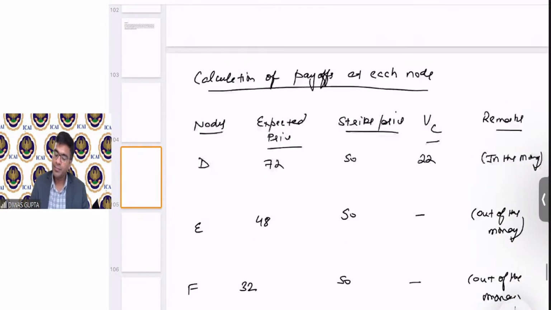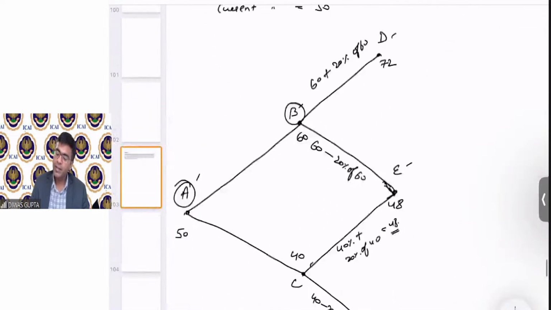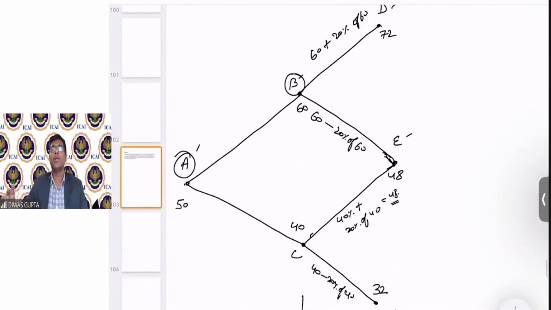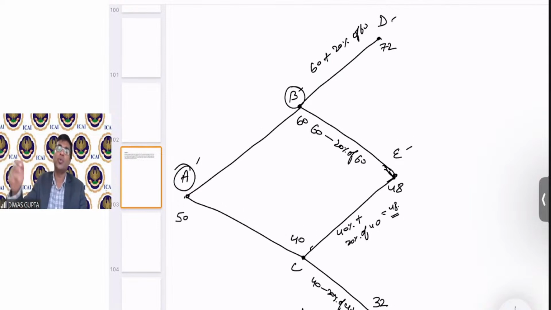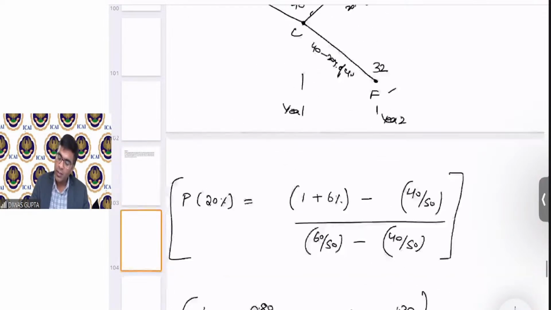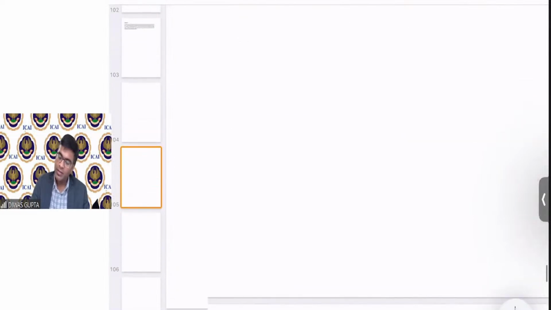Now, students, if you see in the binomial tree, the only calculation of value of call has to happen at the outermost nodes, which is D, E, and F. Okay. Then whatever will happen is just a present value of those outer nodes multiplied with the probability. Now with B, we will not recalculate. Okay, let me just put it down here and then make you understand.